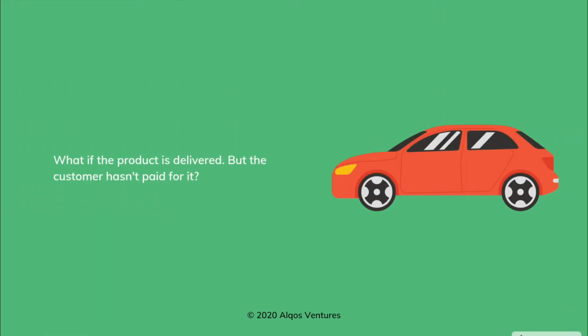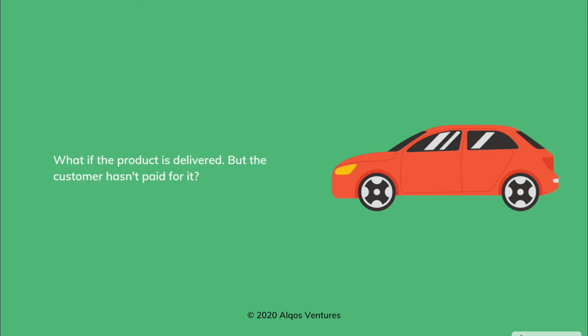Alright, what if the opposite scenario was true? What if the customer came to you and said, hey, why don't you give me the car today, but I will pay you back for it a week later? And of course, if you're the kind of dealer that does that, please give me a call. But you went ahead and you said, yes, I'll give you the car right away. You can come back and you can pay me next week.